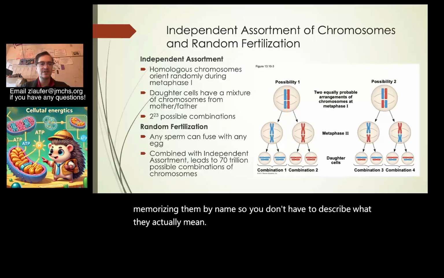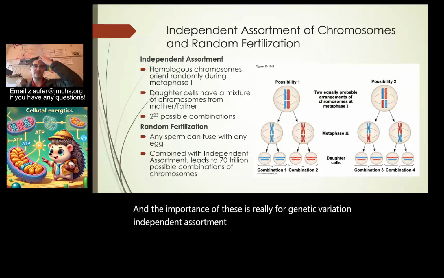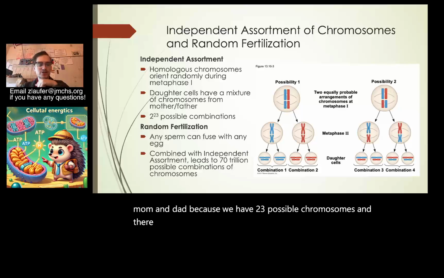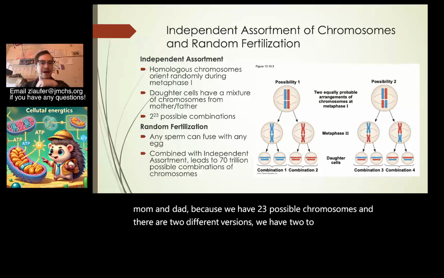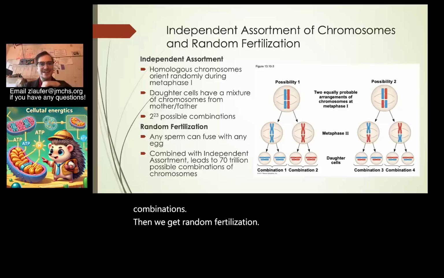And the importance of these is really for genetic variation. Independent assortment, again, is the random orienting during metaphase 1, meaning we have a mixture of chromosomes from mom and dad because we have 23 possible chromosomes, and there are two different versions. We have 2 to the 23rd power possible combinations just of different chromosome combinations. Then we get random fertilization, which is the idea that any sperm can fuse with any egg.